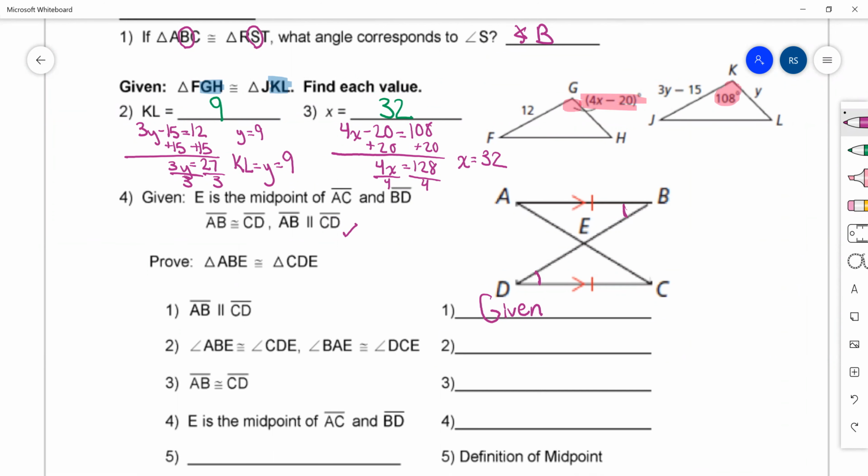Furthermore, it says that angle BAE, so this angle right here, is congruent to DCE, this angle right here. How on earth are those congruent? Let's see if I can draw this out some, if it triggers anything.